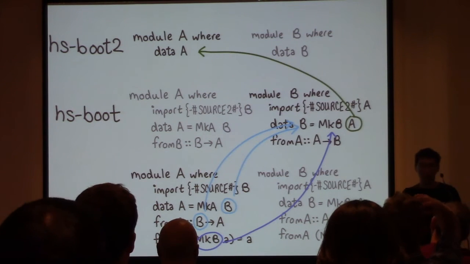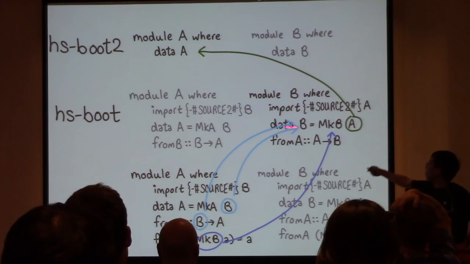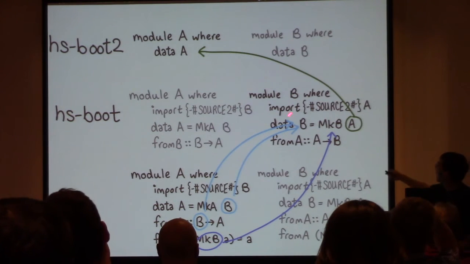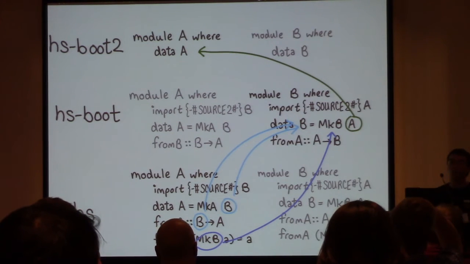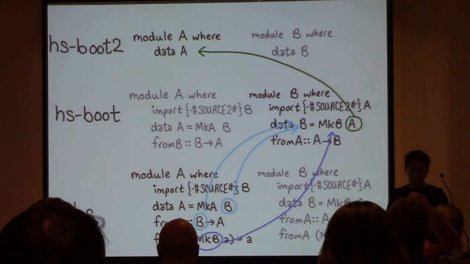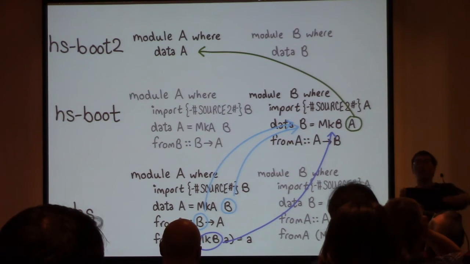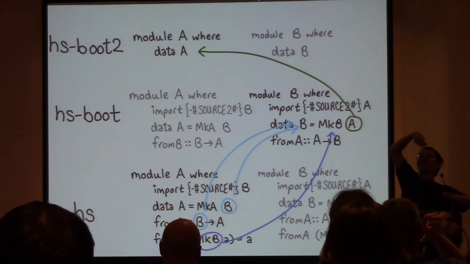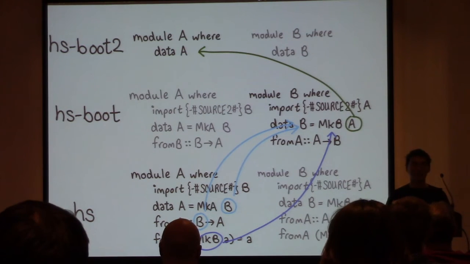If we look at the references, module A refers to B and mcb, which are defined in hsboot. And hsboot for B just refers to A, which is defined in hsboot 2 for A. And so we don't have any cycles anymore. We just have the spirals upwards in the hierarchy of hsboot files.